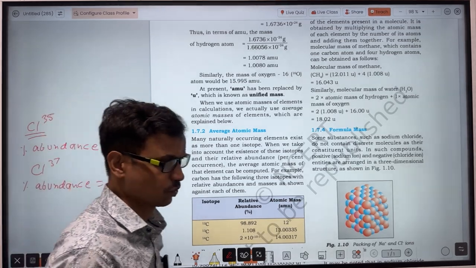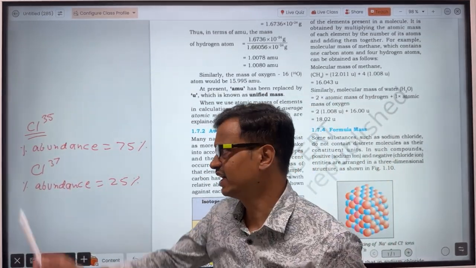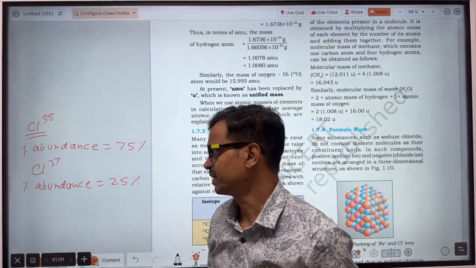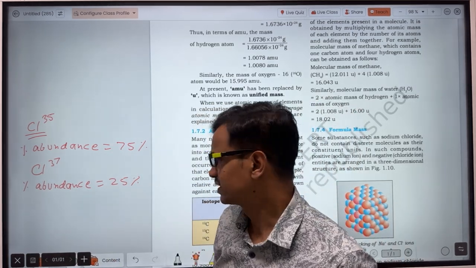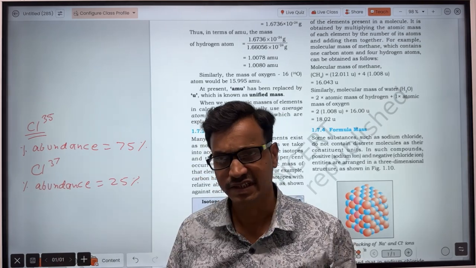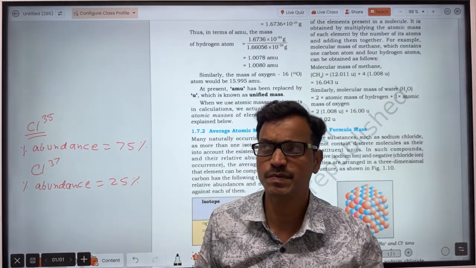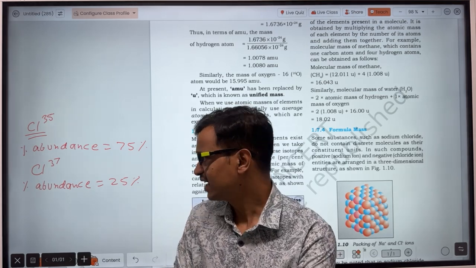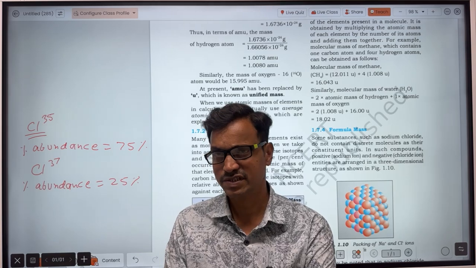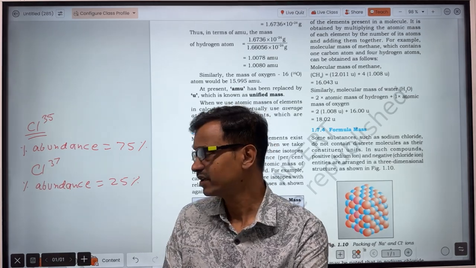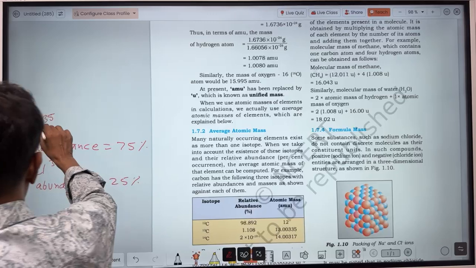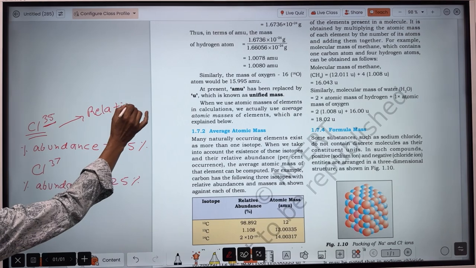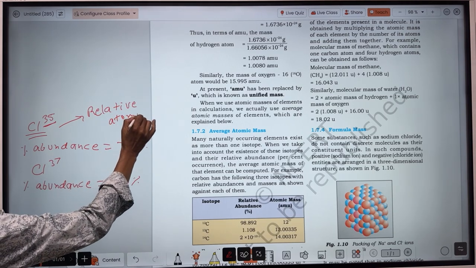Chlorine exists in two isotopic forms, chlorine 35 and chlorine 37, of which the percentage abundance of chlorine 35 is 75 and that of chlorine 37 is 25. That means if there are 100 chlorine atoms, then there will be 75 atoms whose atomic mass is 35. This 35 is called the relative atomic weight.